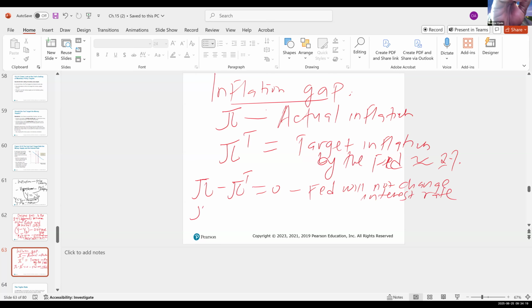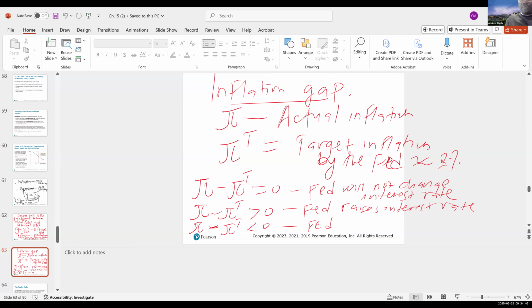But if actual inflation rises above the Federal Reserve target, meaning that the inflation gap is greater than 0, then the Fed is going to raise interest rates. And if actual inflation falls below its target, meaning that the inflation gap is less than 0, then the Fed may lower interest rates to bring inflation back to its target.